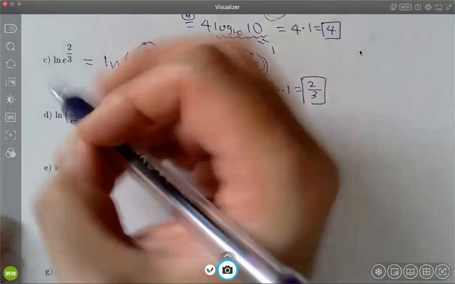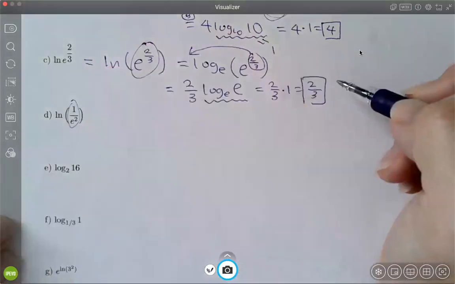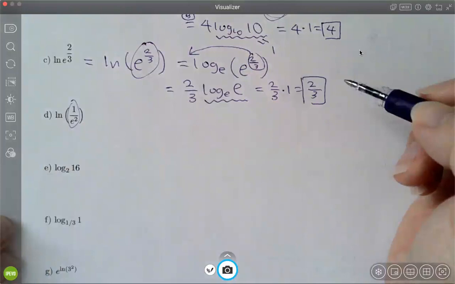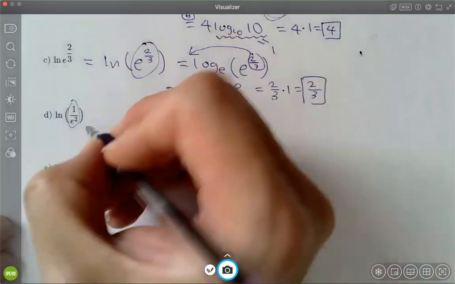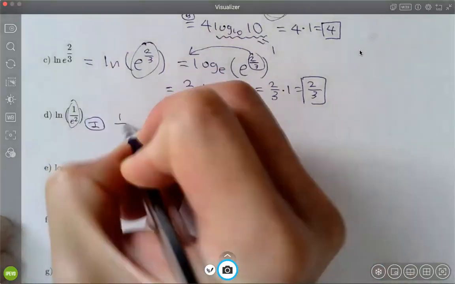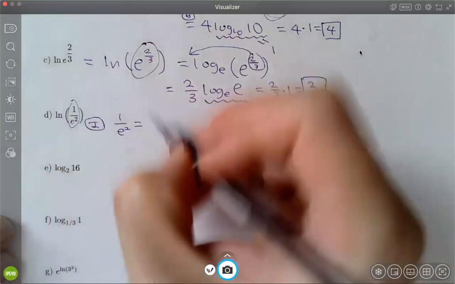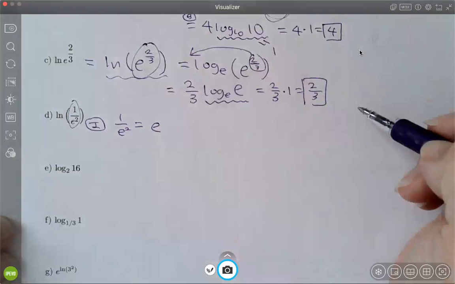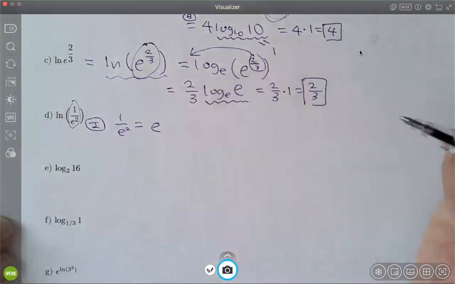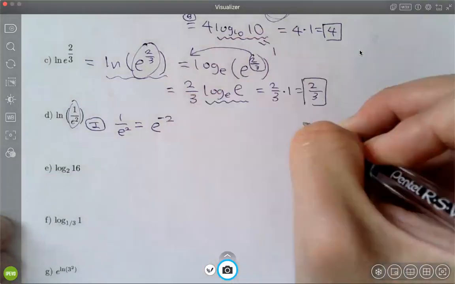But here, we have a fraction, and the key thing is the numerator is 1. First, what can we do? Let's try to rewrite this 1 over e squared into e to some power. Is that possible? Yeah, 1 over e squared is e to the power -2.